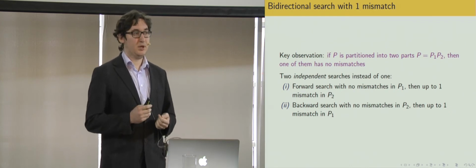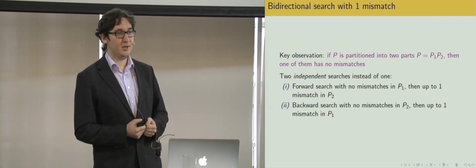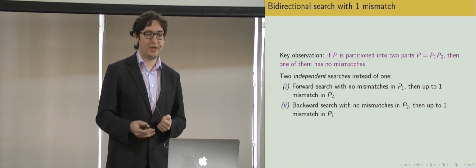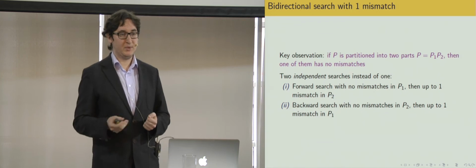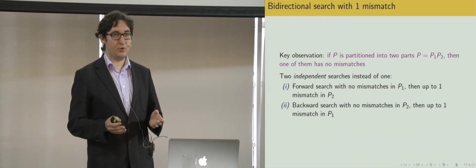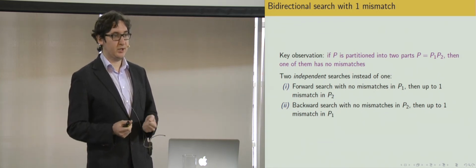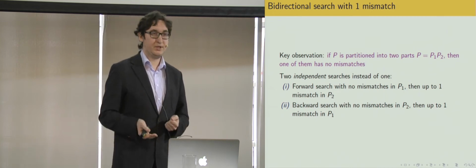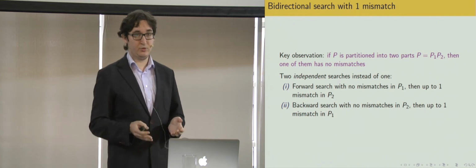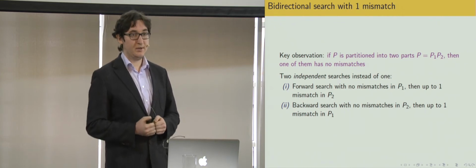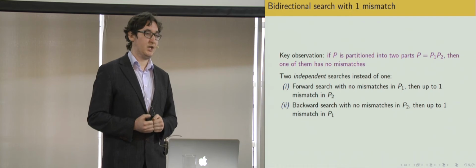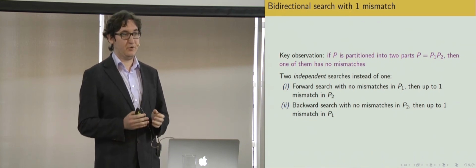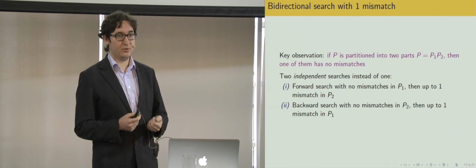Lam and his colleagues suggested a more effective algorithm for several cases of mismatches. For one mismatch, instead of this straightforward search, they used two independent searches. They noticed that if you divide the pattern into two equal parts, then one of them will not contain mismatches at all. So you can do two independent searches.